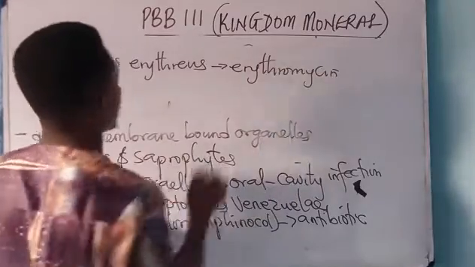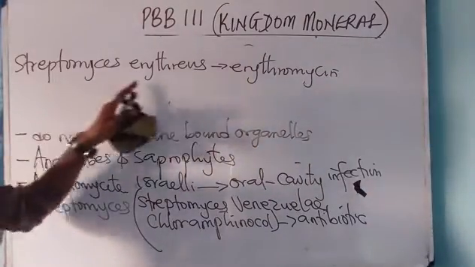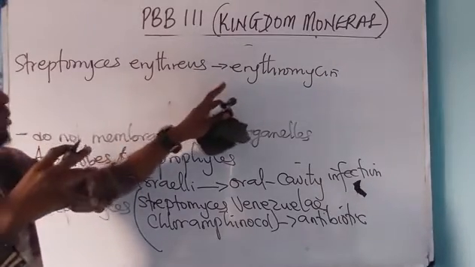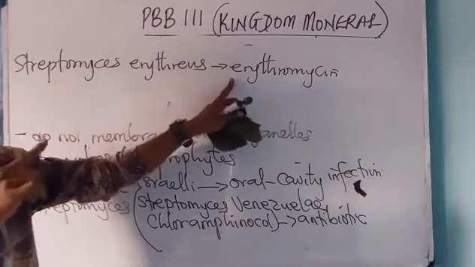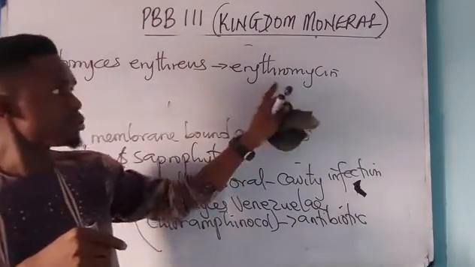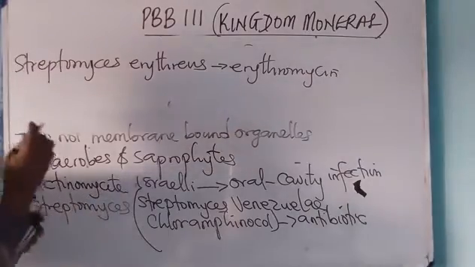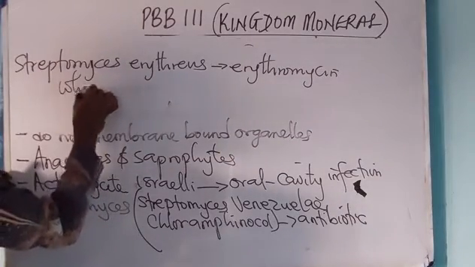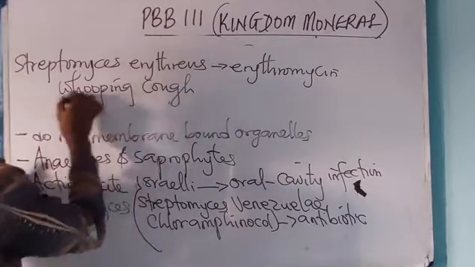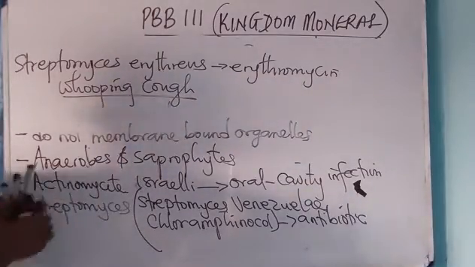Erythromycin. Streptomyces erythraeus is a type of bacterium that produces an antibiotic called erythromycin. Now, the function of this erythromycin is to fight against whooping cough. So you can see now that they are medically important.